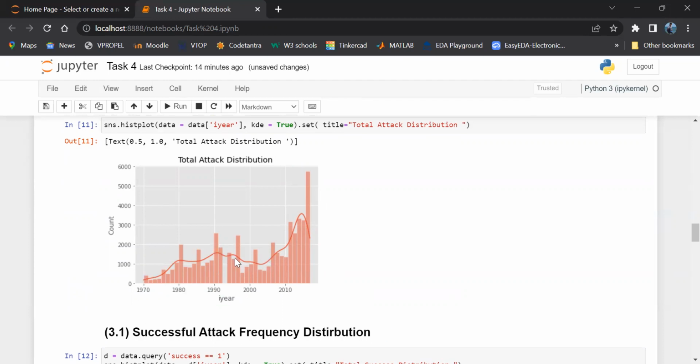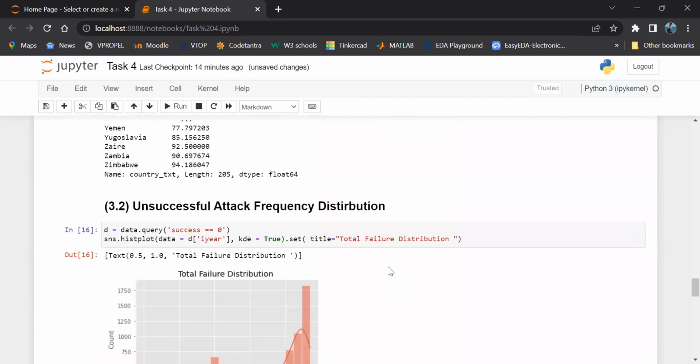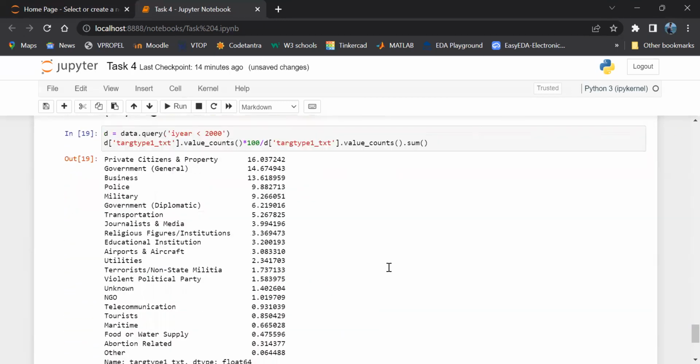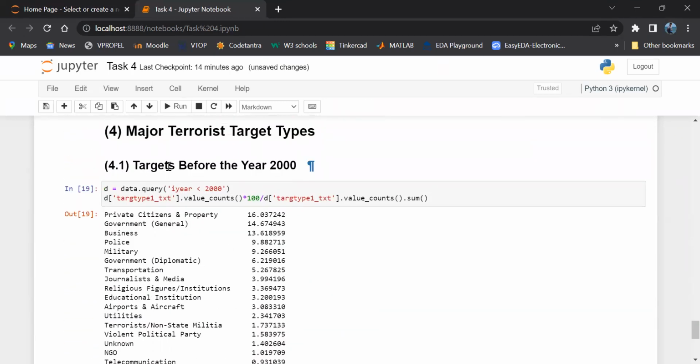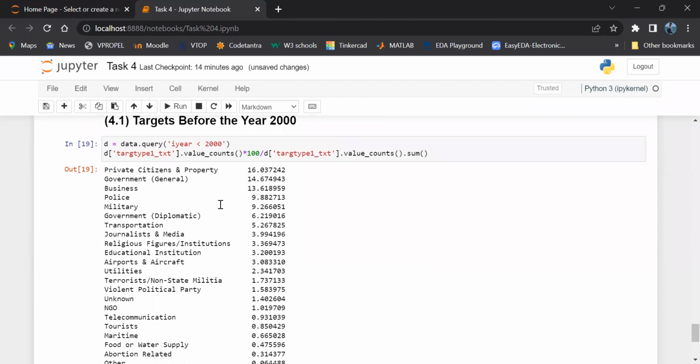There's one peak here, a small peak here, and a bigger peak after that. So arbitrarily, I'm choosing the year 2000. In this case, I've chosen all the targets before 2000 by using this query command. I filtered everything, and I've taken all the target types and divided by the total number of target types.